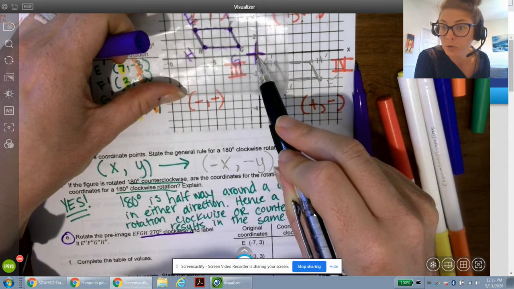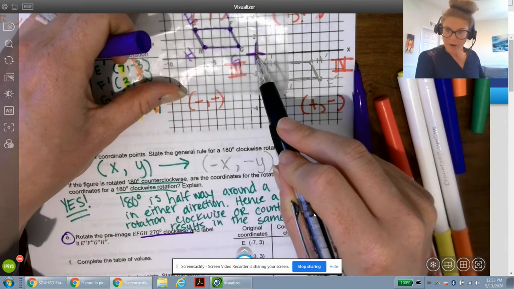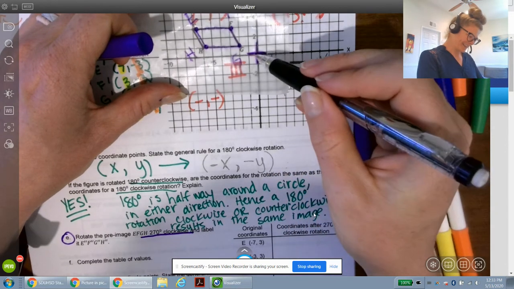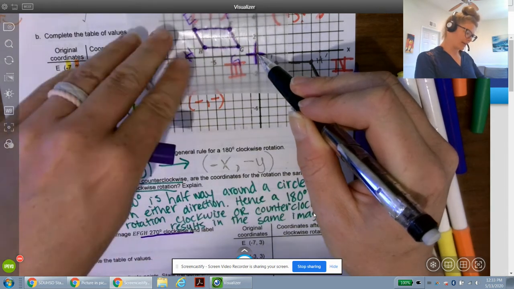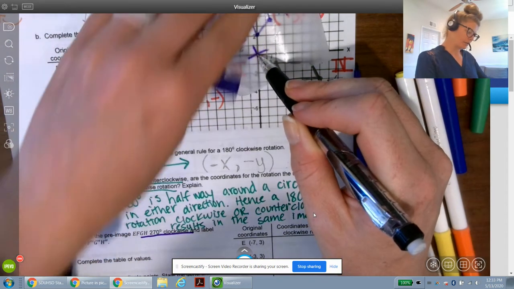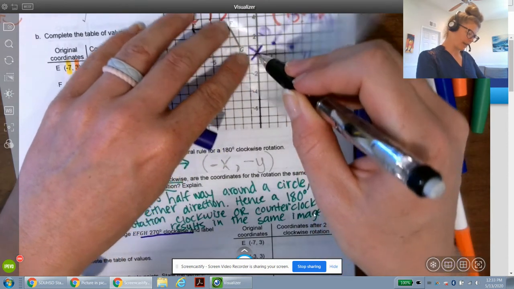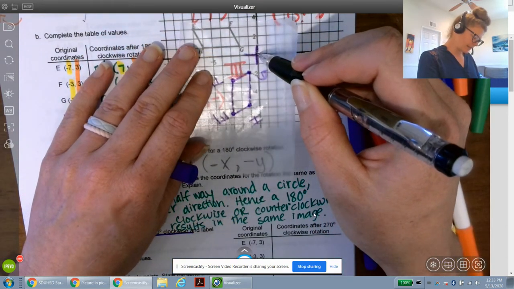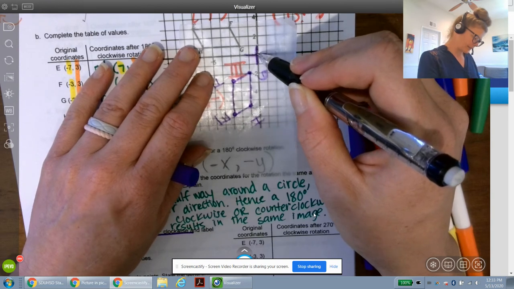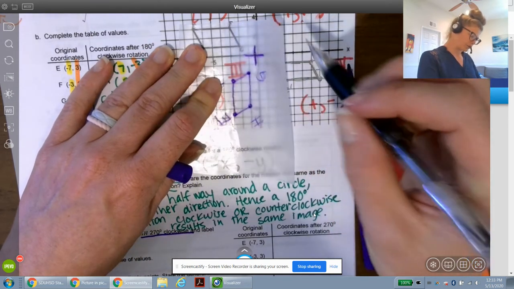And I know there's only 2 directions you can go. Okay, so taking a look, we're going 270 degrees clockwise. So clockwise like a clock. 12 to 1. So that's 90, 180, 270. Line them up. Really nice job.